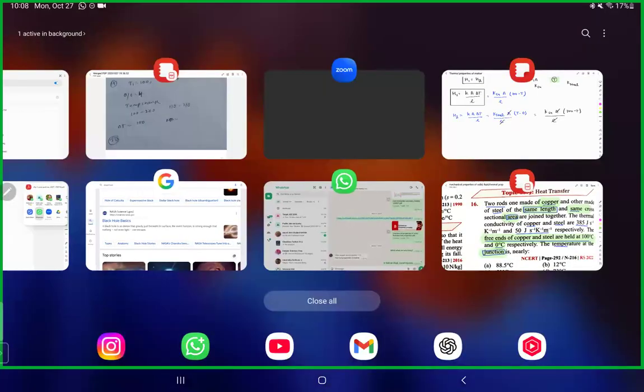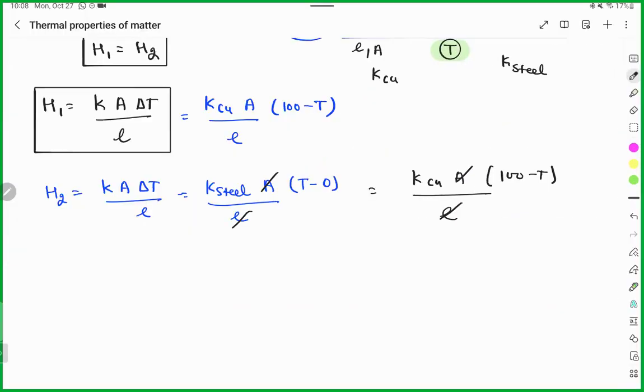Copper is 385 and steel is 50. Right? Copper is 385 and steel is 50. 50 T minus 0 is equal to 385 times 100 minus T.